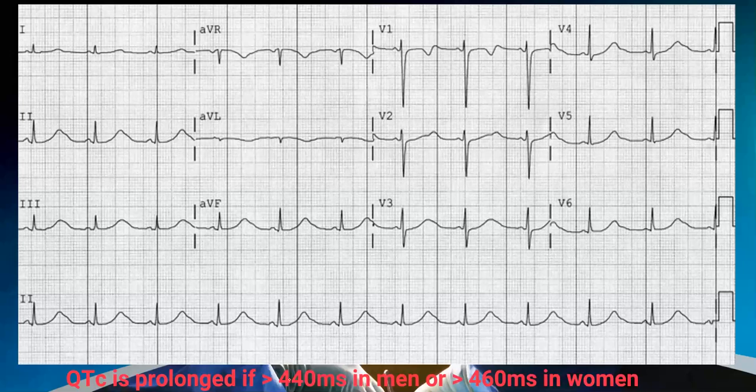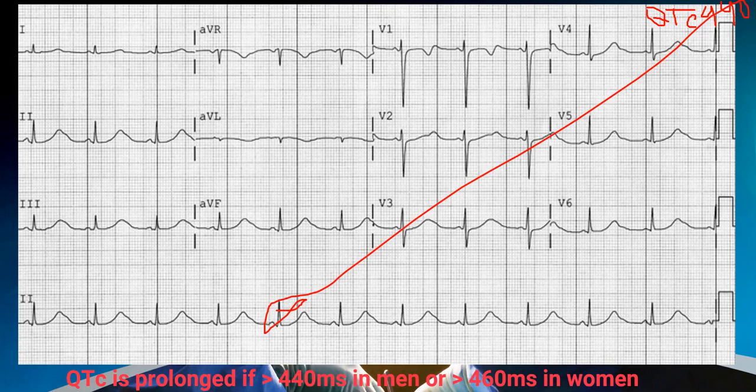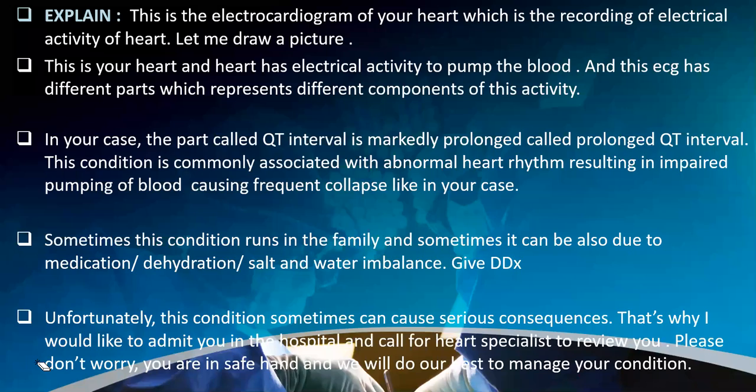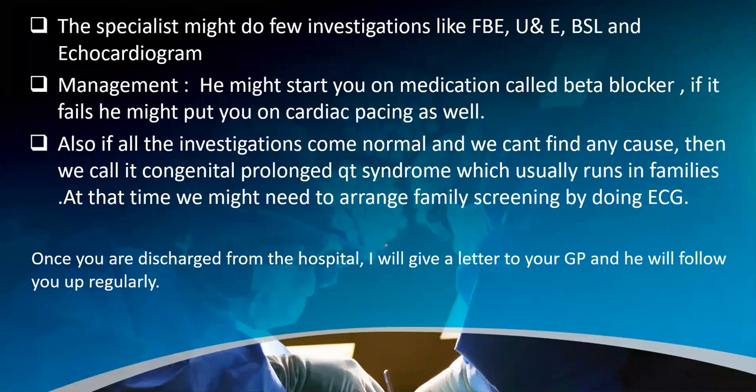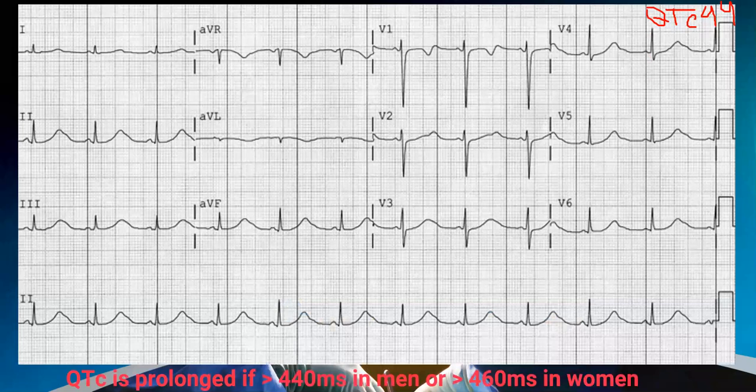Sometimes if you get the ECG from the examiner, have a look at it, because sometimes they give you the finding there, that QTc is 440. Sometimes they give you the corrected QT interval, which is QTc.